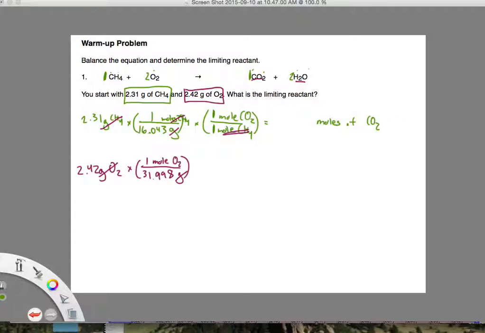So I'm going to take 2.31 and I'm going to divide by 16.043 because multiplying by 1 over 16.043 is the same thing as taking 2.31 and dividing by 16.043. And I'm going to get something like 0.1439880322.